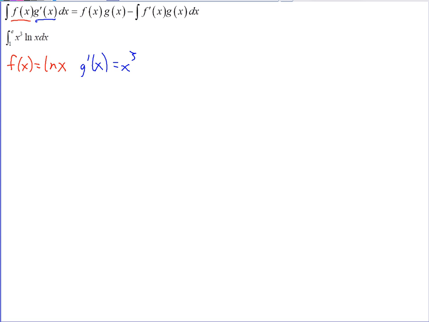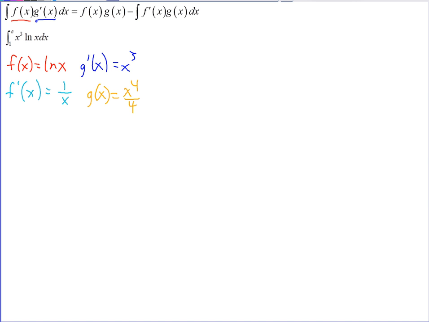Then we take the derivative of natural log of x to get f prime of x is 1 over x. And then we integrate g prime to get back to g of x, using the power rule. And again, we don't worry about that plus c till we're all done with the problems of integrating by parts.